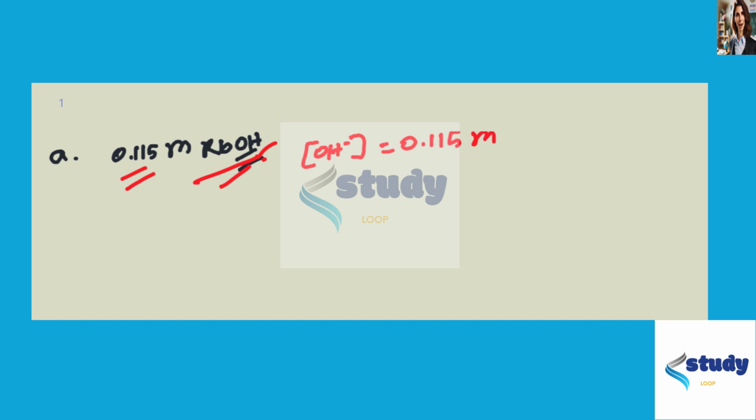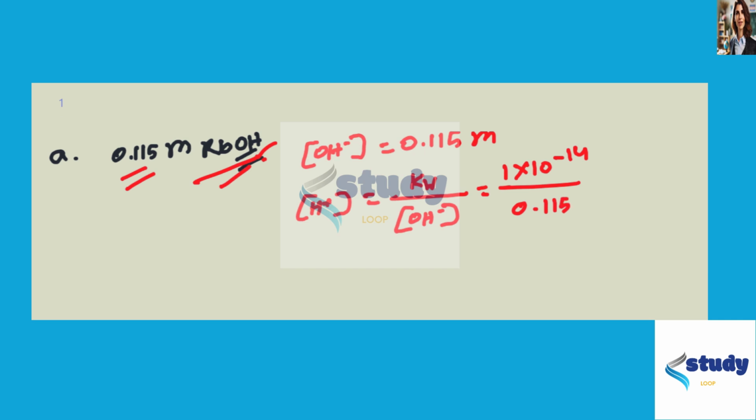From here we can find our initial H plus ion concentration, as we know there is a relation between H plus and OH minus ion concentration: Kw is equal to H plus times OH minus, or H plus is Kw over OH minus concentration, and Kw has a value of 1 times 10 to the power minus 14, while our OH minus concentration here is 0.115.